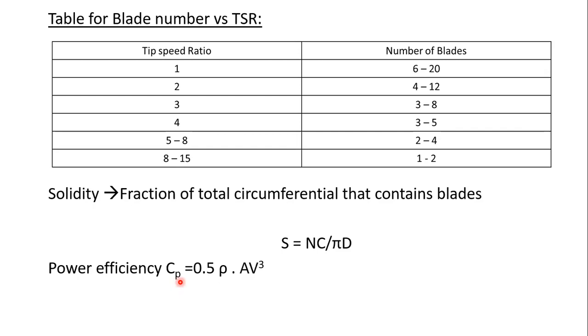At runaway speed, the angle of incidence will be equal to 0. At that time, the lift and drag forces balance. If the lift and drag forces balance, there will be no net shaft power produced, and the efficiency once again goes to 0.